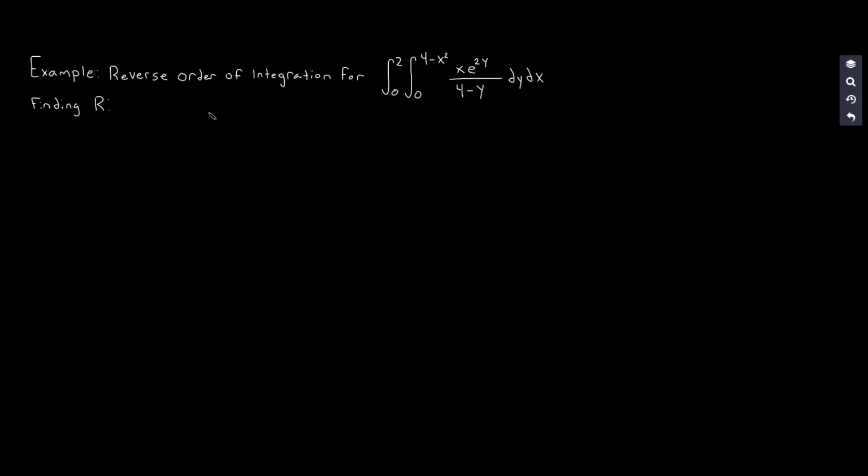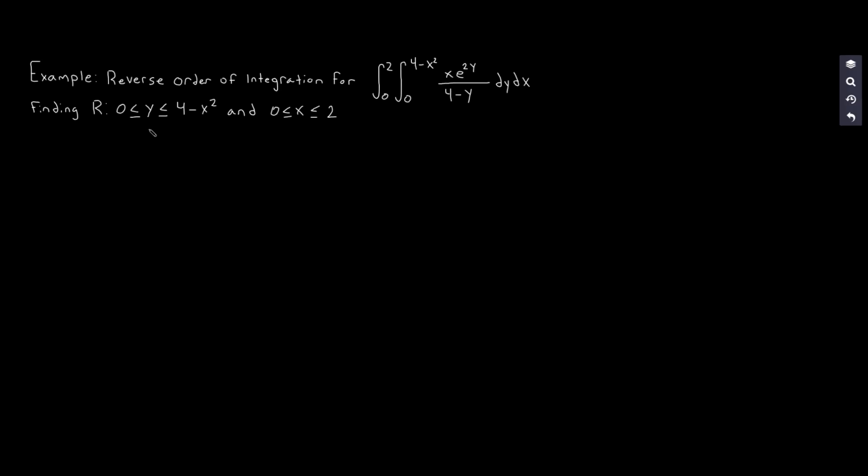That just means y is between 0 and 4 minus x squared. And what's more, the integral on the outside gives us what x is between. So x is going to be between 0 and 2.